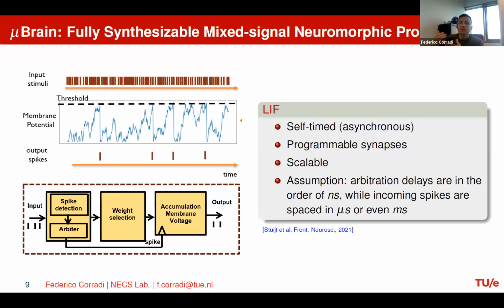So the incoming spike rate is lower than the arbitration speed, so that we can actually accumulate the membrane voltage and serve all the spikes that arrive at the neuron. If we can ensure that, then this is a good and scalable neuron model, because we can just implement it and scale it to very large networks.